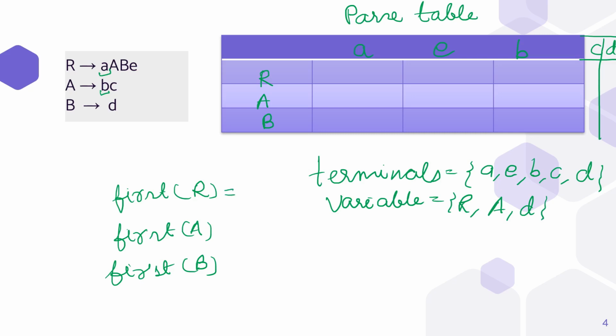Okay, so let's find the first of R. First of R is a, first of A is b, first of B is d. Since first of R is a, we would write the production of R in this column.